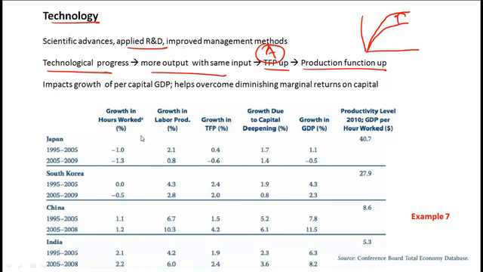For developed countries such as the United States, where we already have a lot of capital per labor, the improvement in per capita GDP comes largely through improvements in technology. So in the US, for example, we might be somewhere here on the production function.